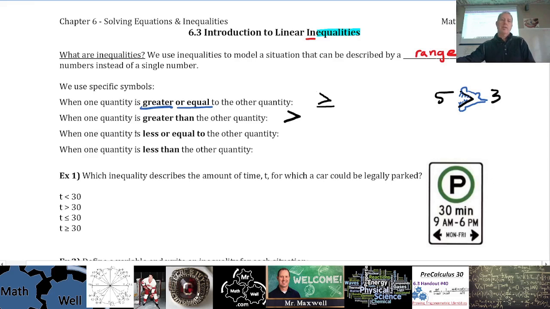When one quantity is less than or equal to the other quantity, that is the opposite. It opens the opposite way, and we do have an equality line underneath as well. If it's just less than, it's like this.